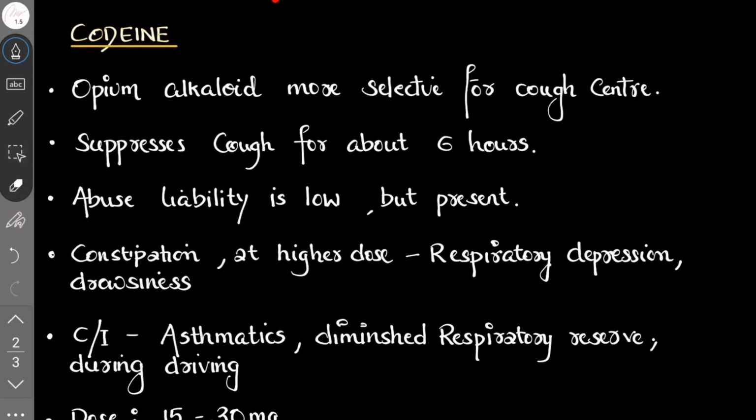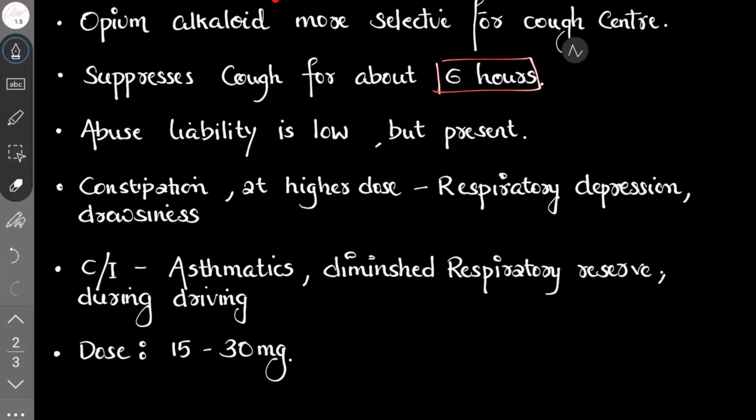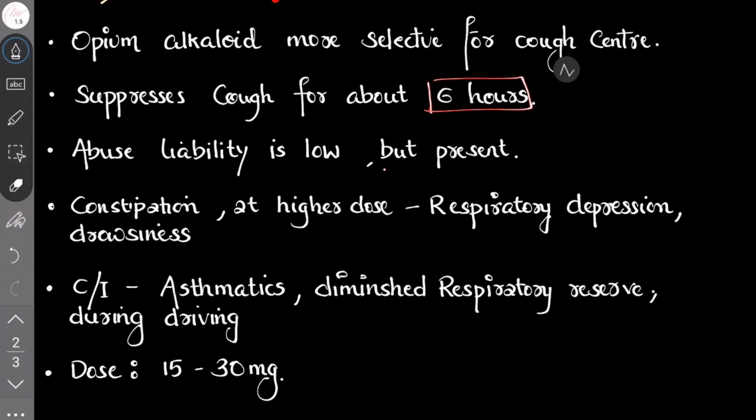Now we are about to discuss codeine and dextromethorphan. Both are, as we say, an opioid and a non-opioid drug. Codeine is an opium alkaloid more selective for cough centers. It suppresses cough for about 6 hours. The abuse liability is low, but still present.